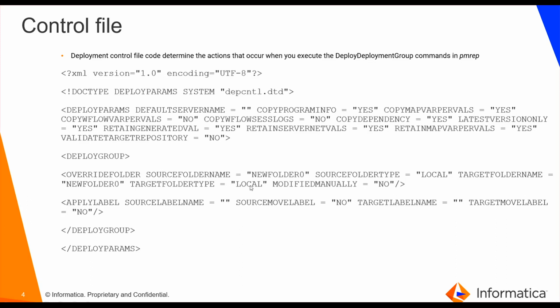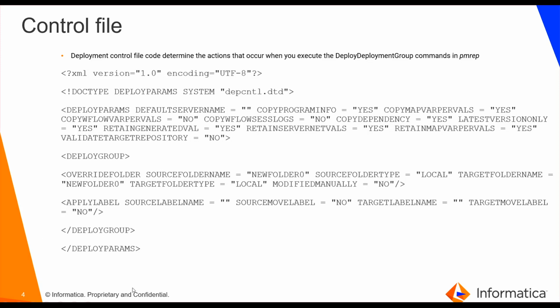And also we need to provide the source folder name where the source objects are present, and also we need to provide the target folder name, in case there are any previous deployments already done, or any folder name if it's the first deployment.